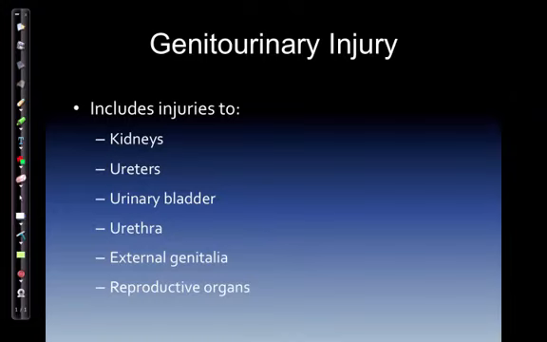The ureters, urinary bladder, and urethra most commonly are injured from a pelvic fracture. External genitalia and reproductive organs can be injured from straddle injuries and blunt force injury. The reproductive organs also can be injured due to self-mutilation or an assault.